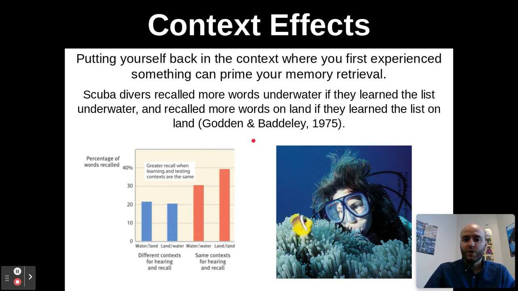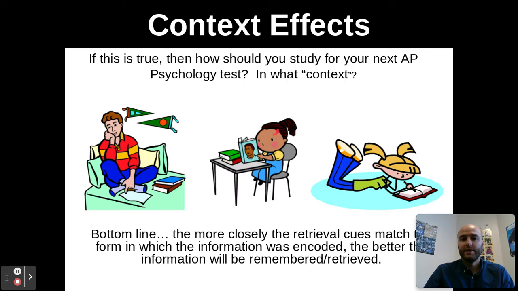So you remember things when you're in the same environment better. You remember things better when you're in the same environment as when you learned them the first time. Okay. So if this is true, then how should you study for your next AP Psych test? And in what context? Well, most of our tests occur in school at your desk, right? You're probably watching this maybe at home somewhere in your living room, on your couch, in your bedroom, something like that.